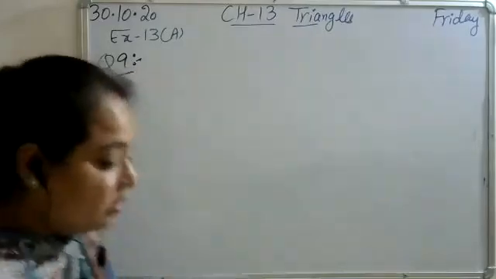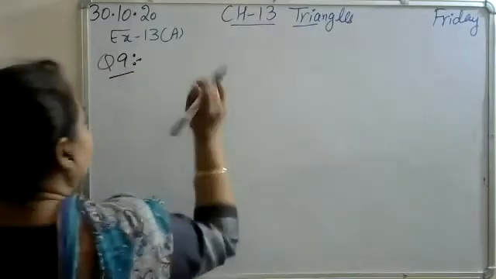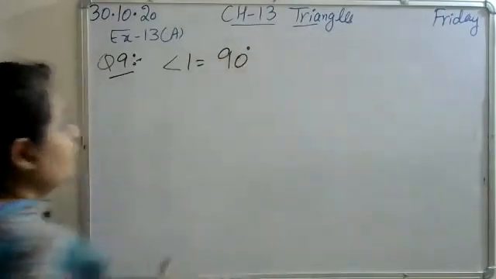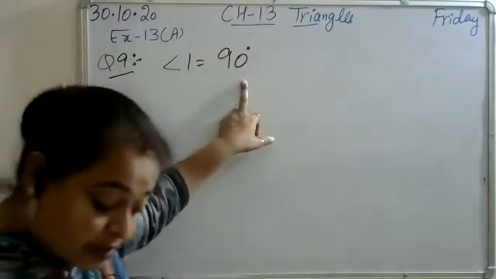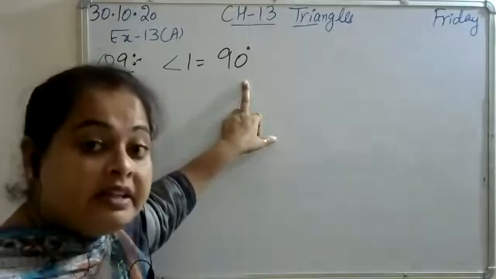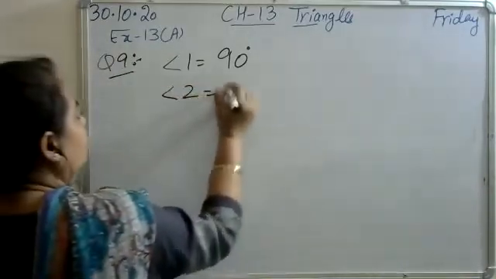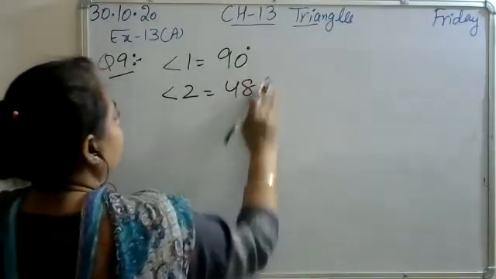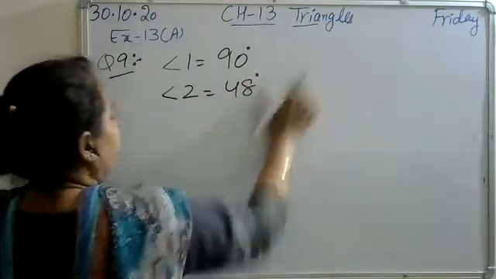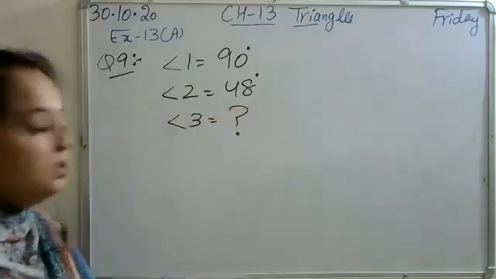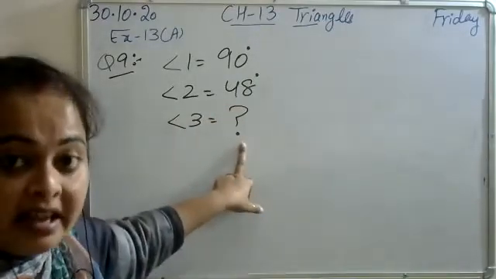Very good, Mehak. Yes. So according to the statement given, angle 1 is equal to 90 degrees. Why? As the name given in the book is right angled triangle. And angle 2 is also given to you, 48 degrees, and angle 3 is question mark. We will find this angle.